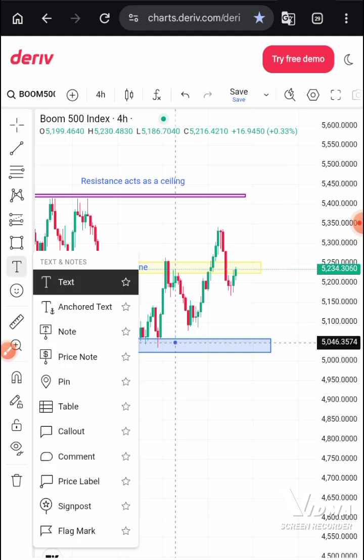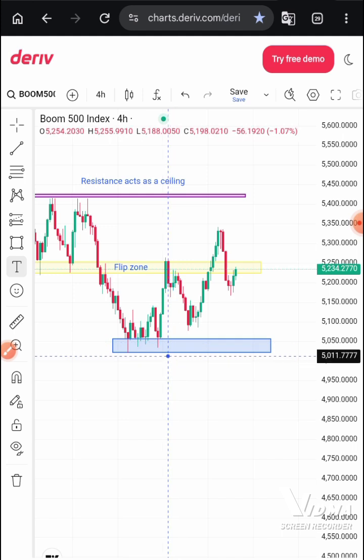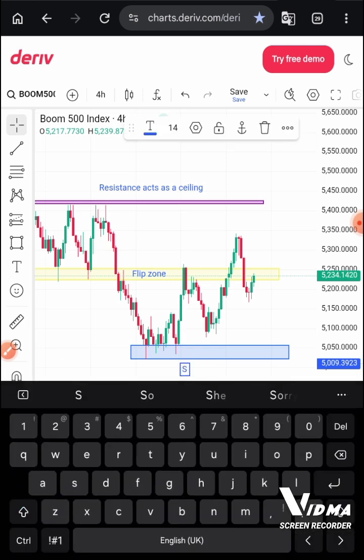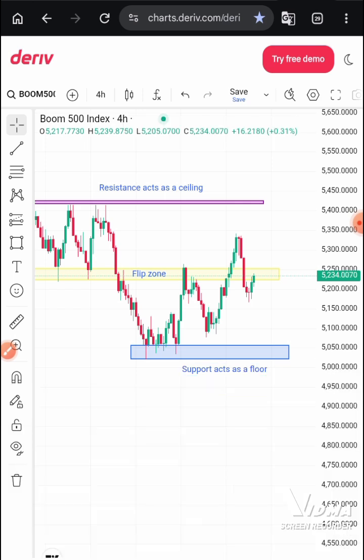Take the text tool, come here, we type out support. Support acts as a floor where price cannot go beneath, okay? So price cannot break and go beneath this zone here.